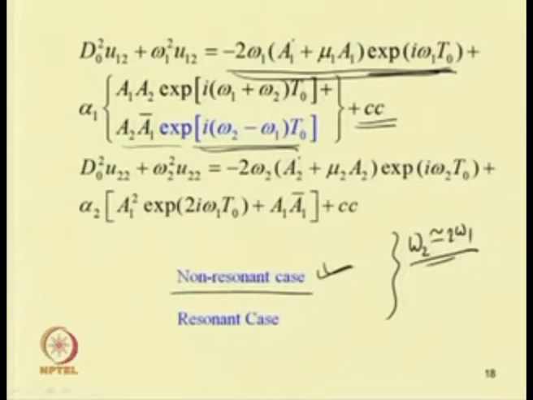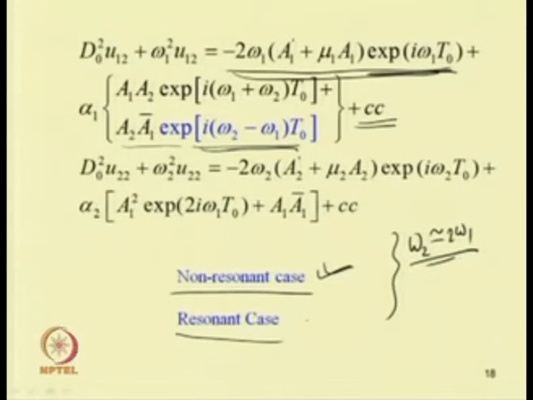That means there will be no resonance in the system, and if we consider omega 2 nearly equal to 2 omega 1, there will be internal energy flow from the second system to the first system, and there will be resonance in the system. So, we can consider two cases.